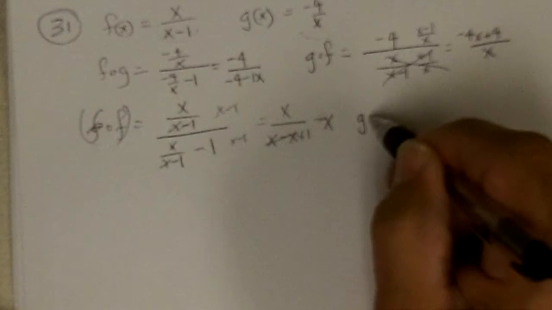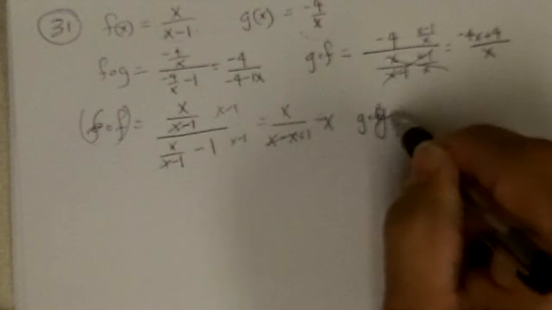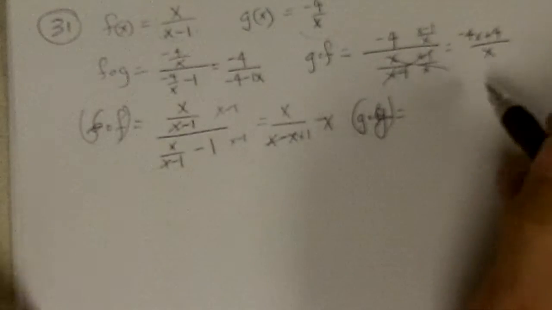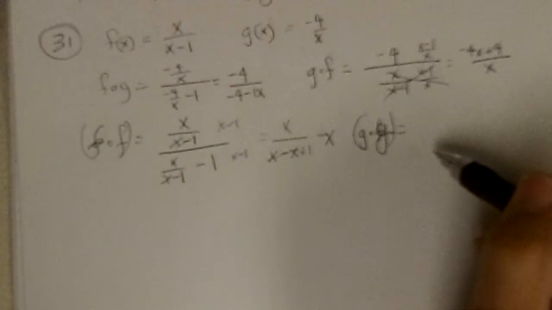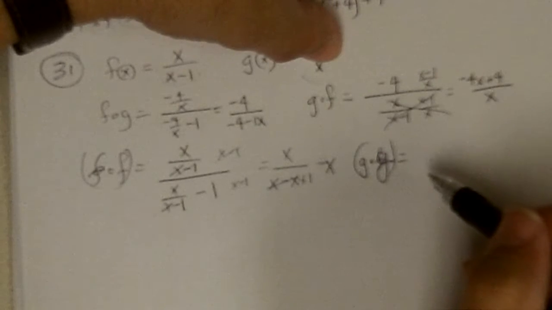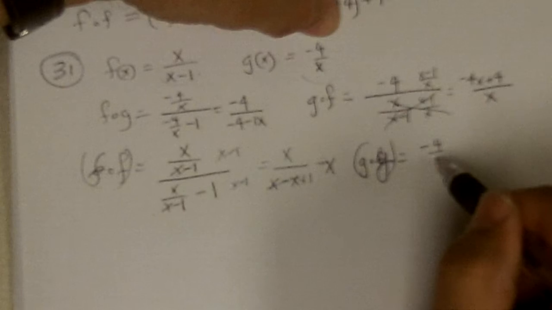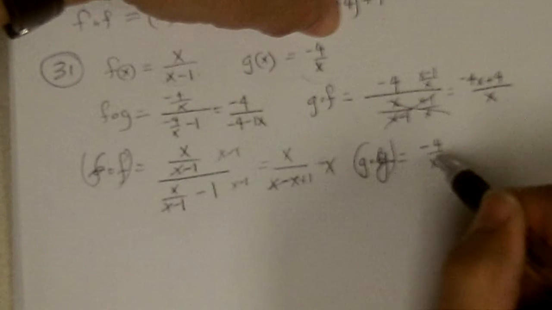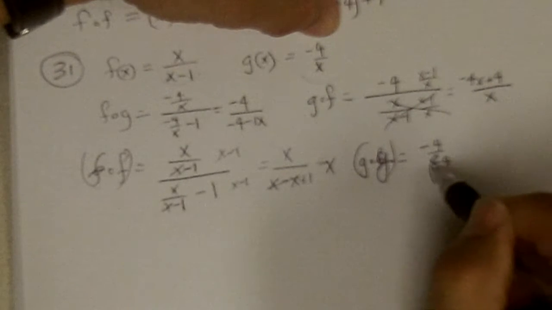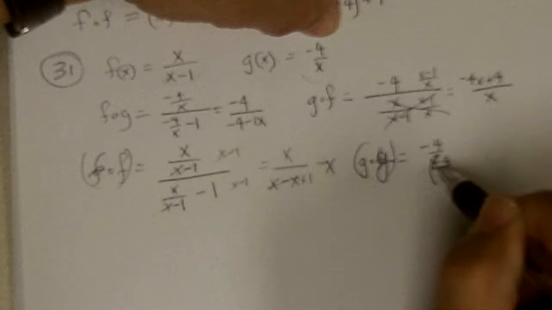And now g of g. I don't know why I wrote f. Okay, so in place of the x, I got minus 4 over x, and then in place of that x I got to put minus 4 over x.